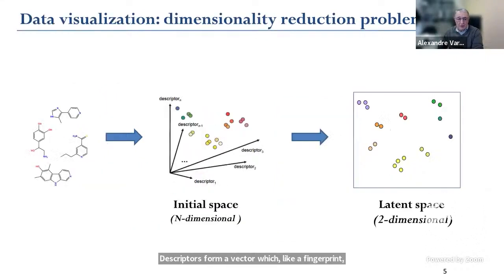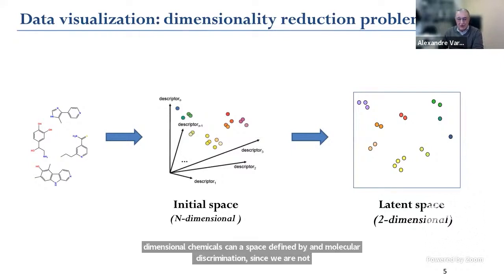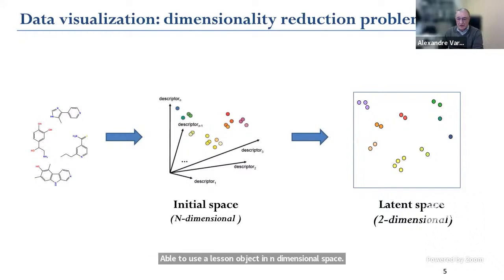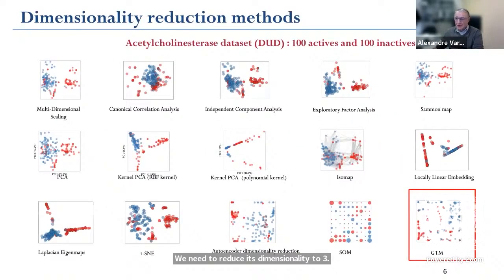In such a way, a molecule could be considered as an object in an n-dimensional chemical space defined by n molecular descriptors. Since we are not able to visualize an object in n-dimensional space, we need to reduce its dimensionality to 3 or to 2. Okay, there exist many mathematical methods of dimensionality reduction. Clearly, the data distribution in two-dimensional space depends on the method used.